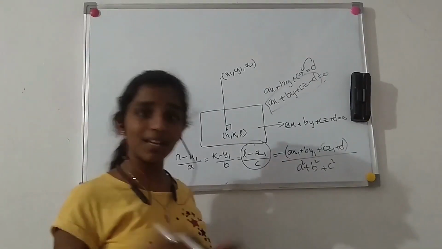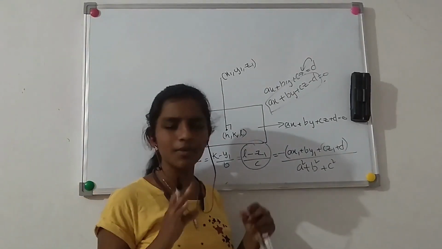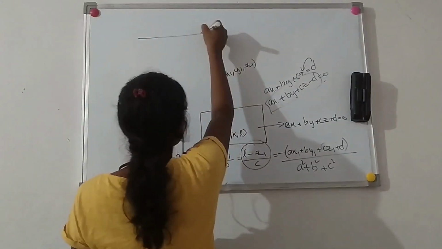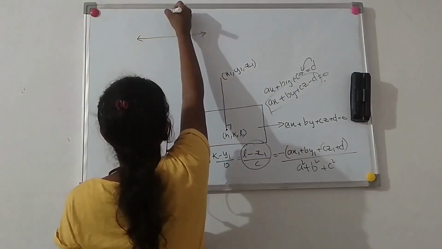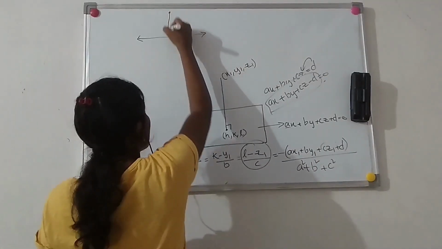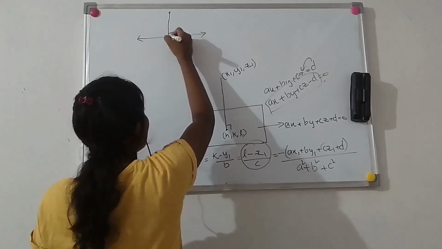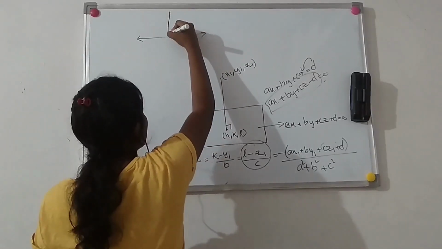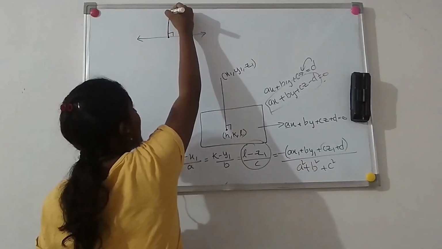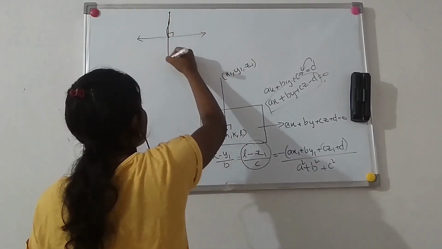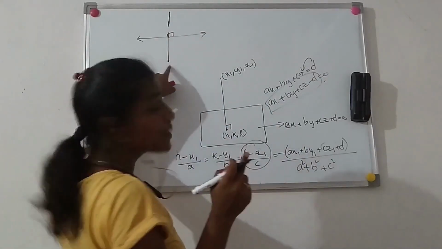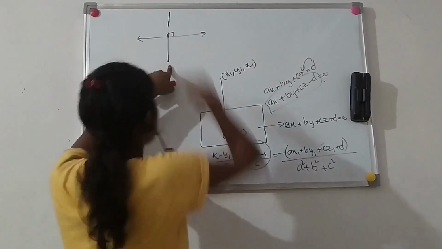And what is the image of a point on a line? This is also very similar to the foot of the perpendicular. If this is a line and I want the image of this point, and this is the perpendicular line, then the foot of the perpendicular is the midpoint between the point and its image.